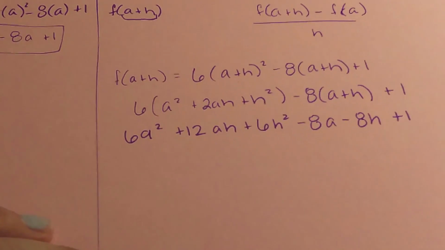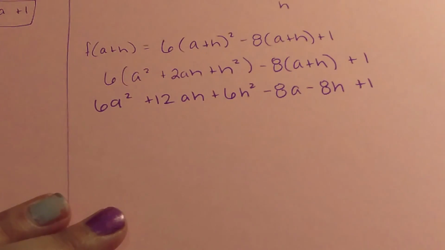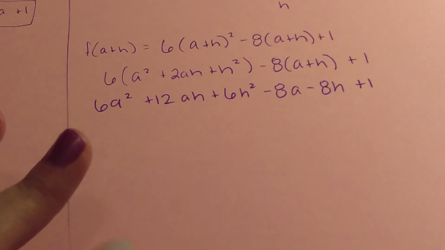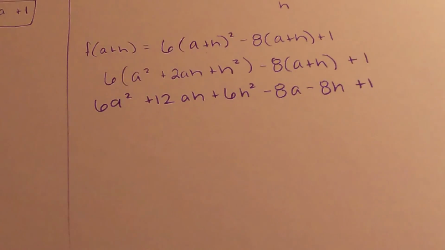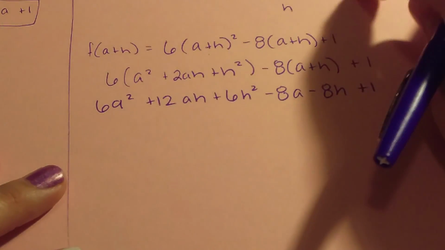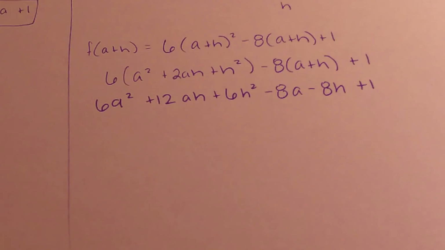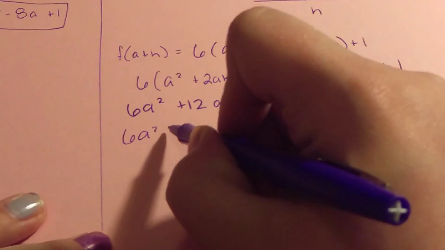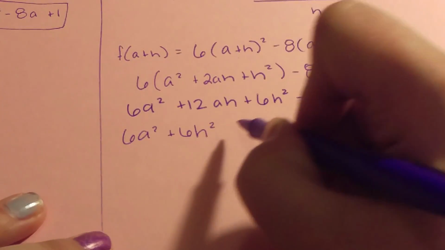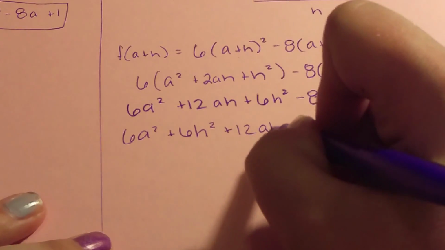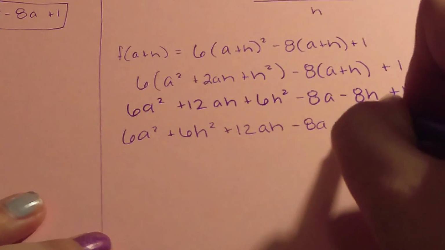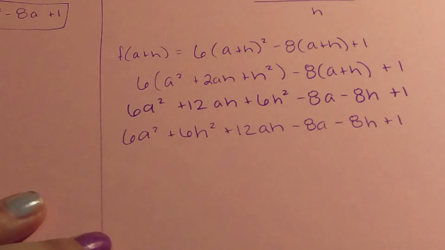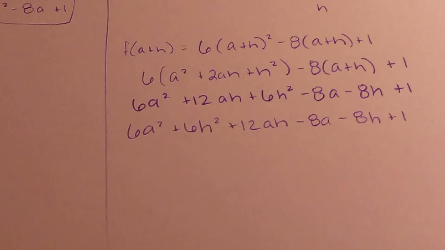And now finally combining like terms. And you'll notice that there's not really anything to combine at this moment, but I do want to put them in sort of a standard form just to make things easier once we do put it into number 8. So I'm going to put the higher powers forward, order them using alphabetical order from there. All right, and that is as good as it gets for number 7.